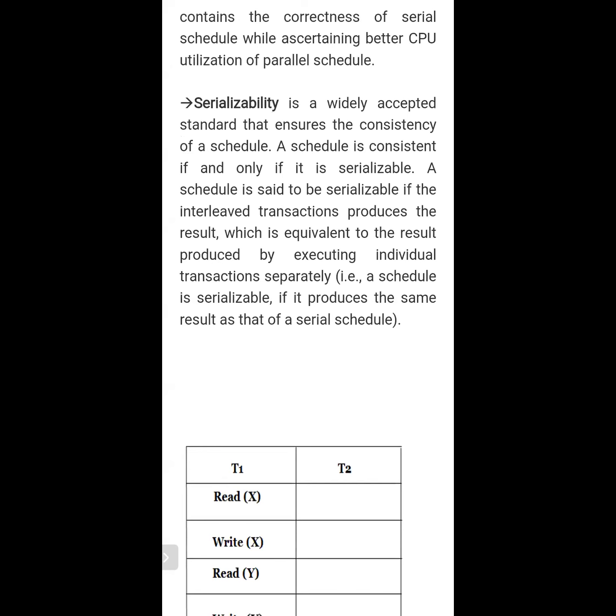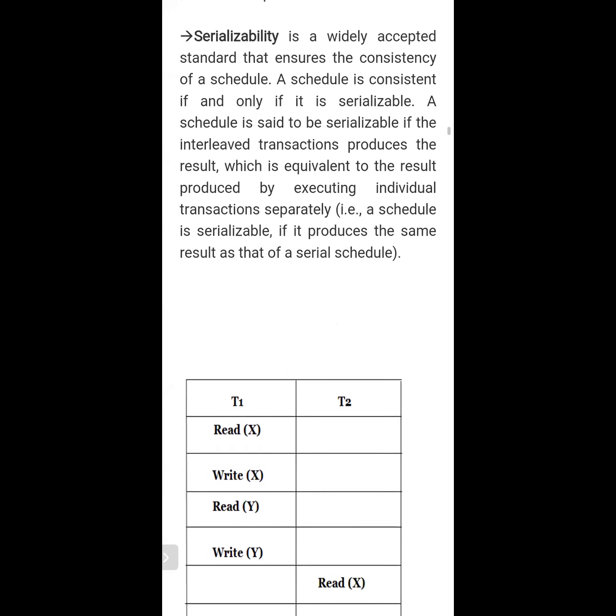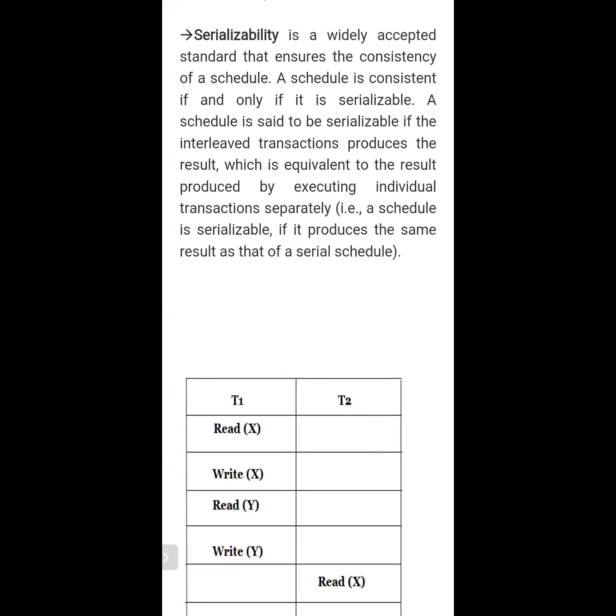A schedule is said to be serializable if the interleaved execution of transactions produces a result equivalent to that produced by executing the individual transactions separately. That means the serial schedule result and the non-serial schedule result are the same. Then only it will be referred to as a serializable schedule.